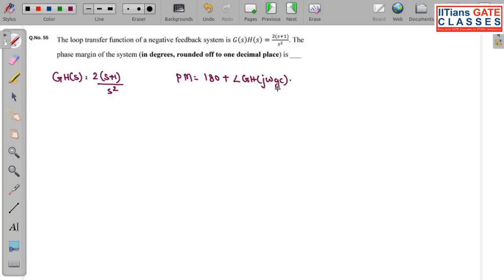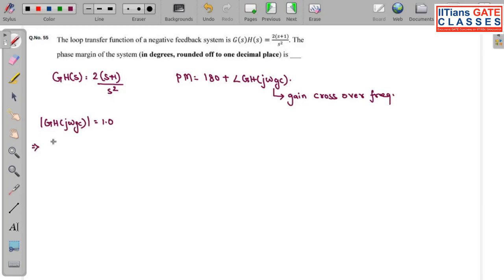The first thing we need to find out here is omega gc, the gain crossover frequency. To calculate it, we know the magnitude of the transfer function at the gain crossover frequency is 1.